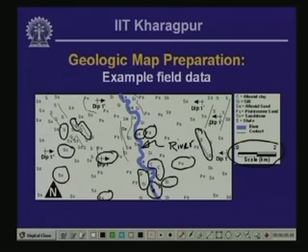What is not shown here is the topographic contour. Typically, large scale contour maps are either obtained from existing archives like from Survey of India, or they are constructed for the specific purpose of a particular project.